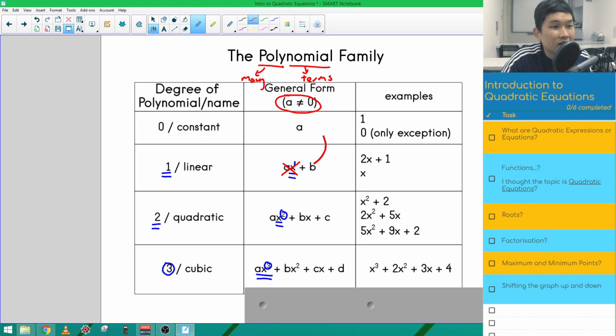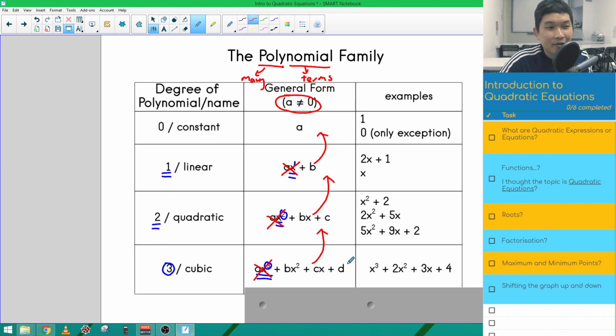When a is 0, you get downgraded from a degree 1 to a degree 0 polynomial. Okay, let's look at the quadratic. What happens when a is 0? This thing disappears, you get downgraded to degree 1. And for cubic, when a is 0, you get downgraded to degree 2. So now you should be able to understand why a can never be 0 when we are describing polynomials.